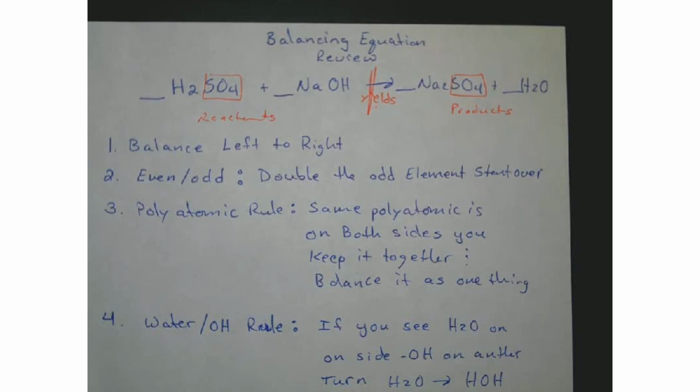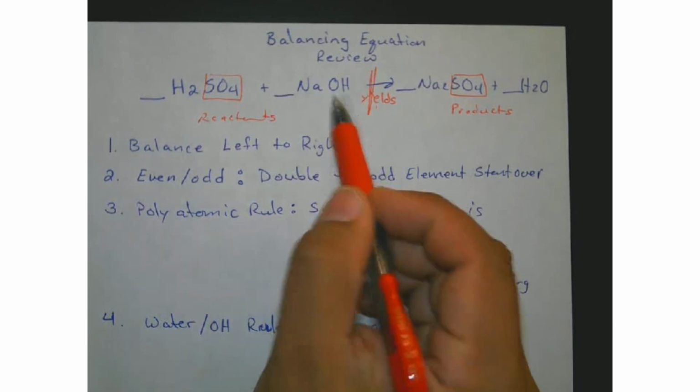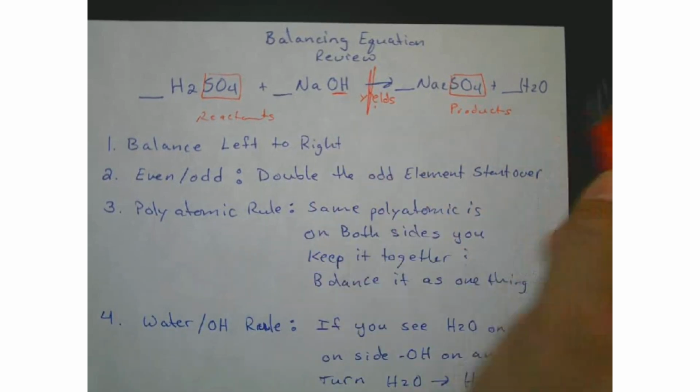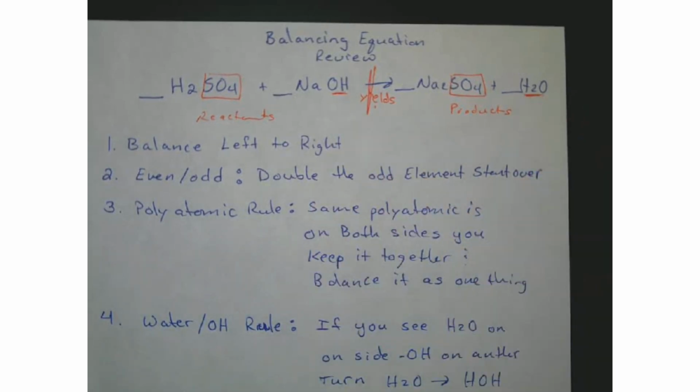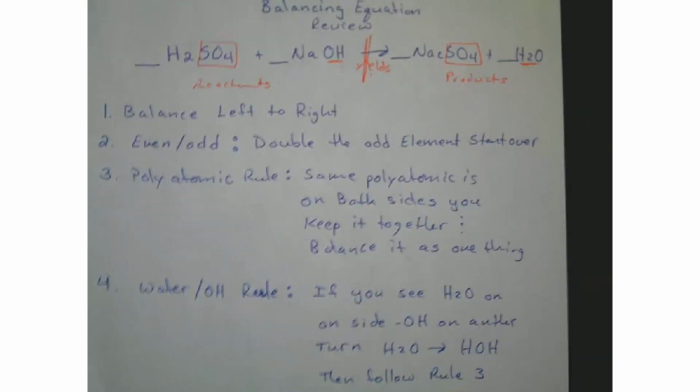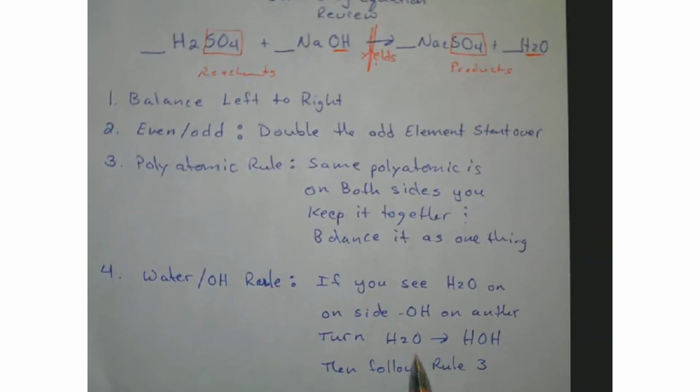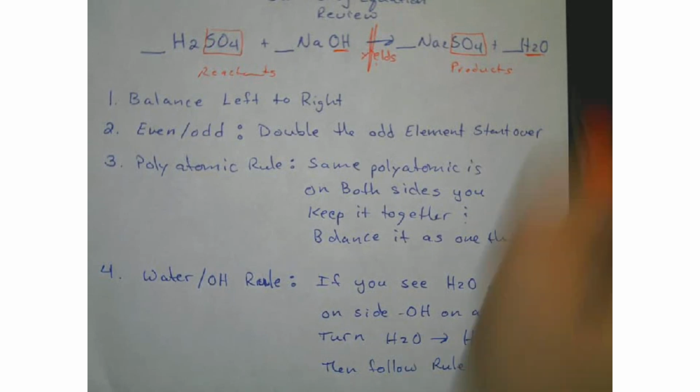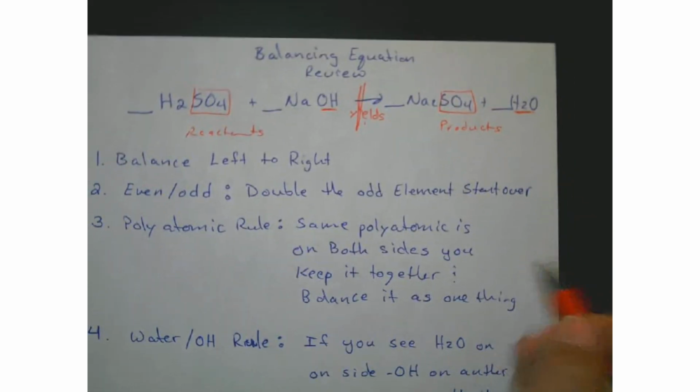Now let's look. Look right here. I have hydroxide on this side and water on that side. So this is the hydroxide water rule. The hydroxide water rule tells me if I have hydroxide on one side and water on the other, I can turn H2O into HOH. So I'm going to do that now.